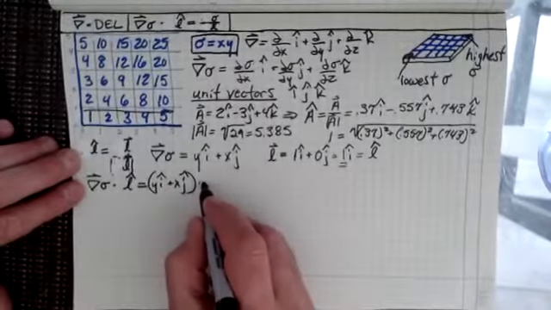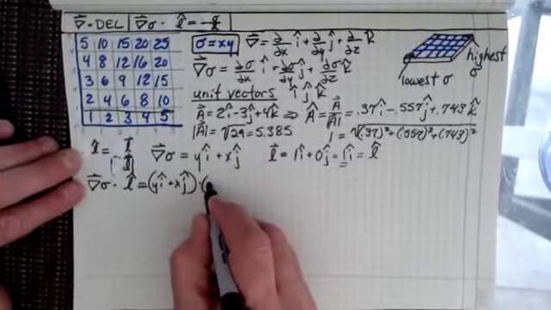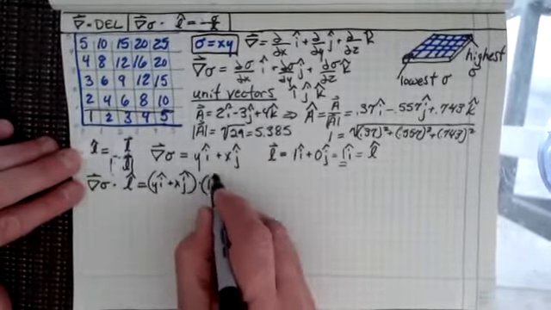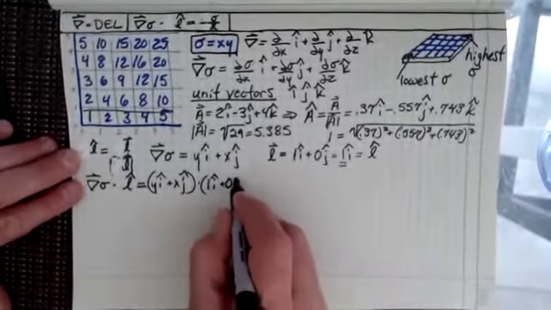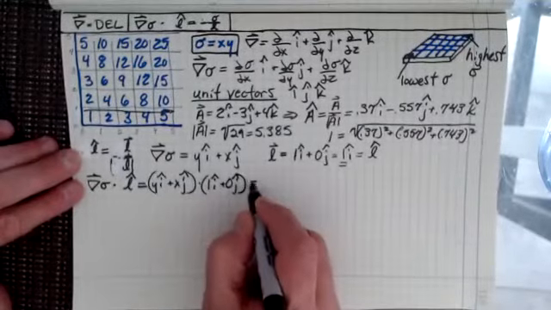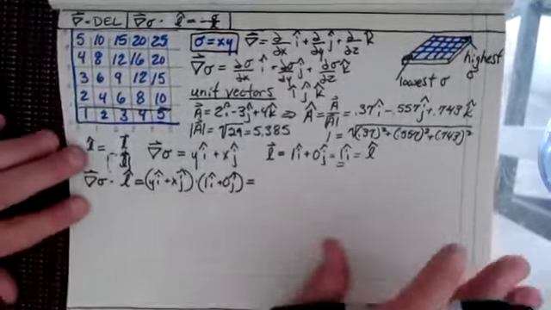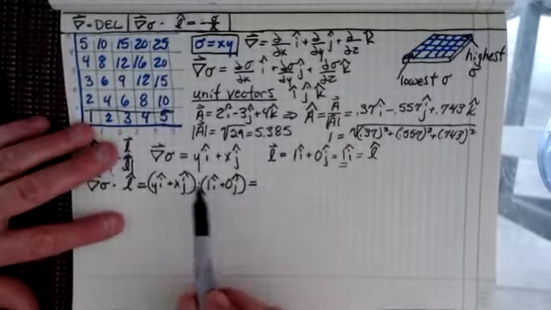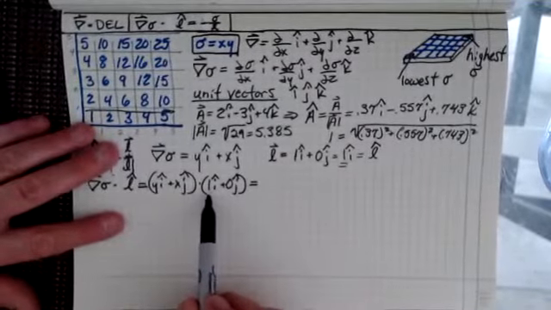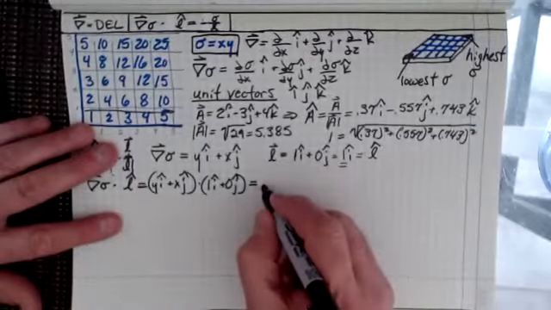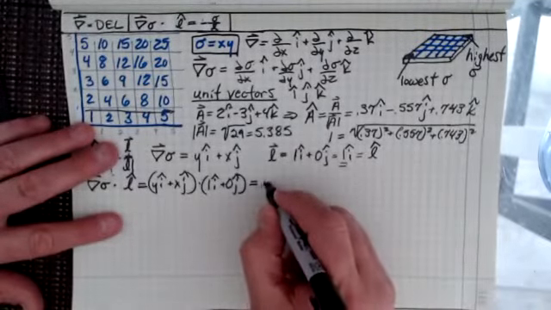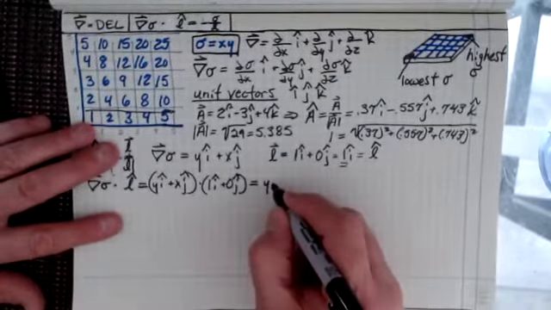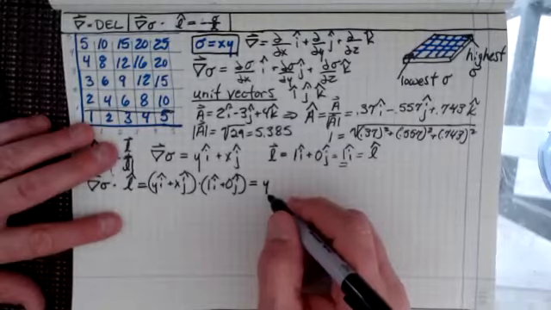And that's going to be dotted with 1 I hat plus 0 j hat. Now, usually I wouldn't put the 0 j hat in there, but what the hell. So I've got x times 0, well, that's 0, and I've got y times 1. So really what this tells me is that the gradient along that line is going to be y.